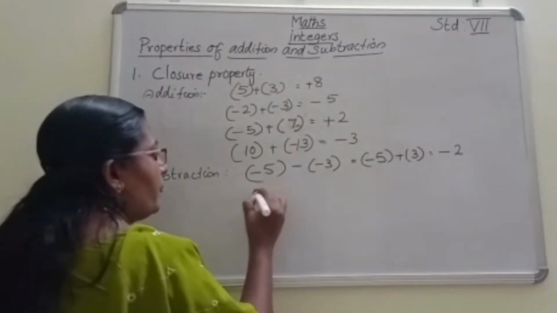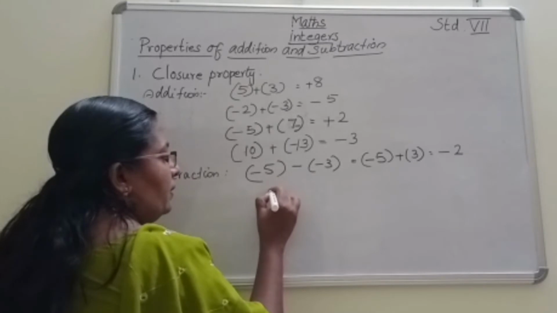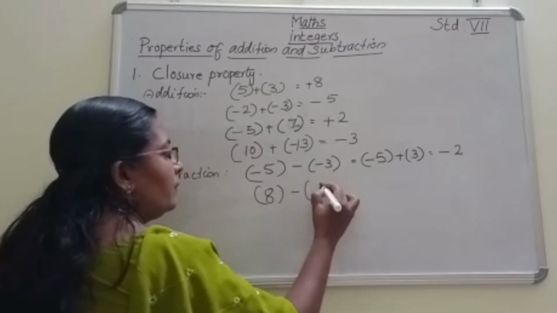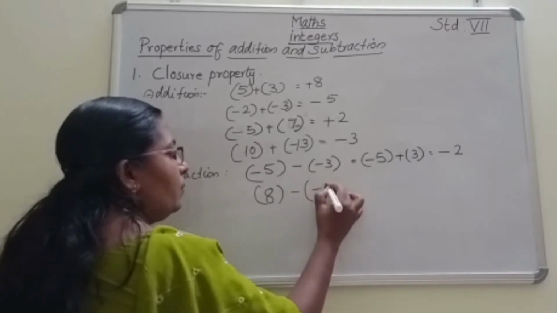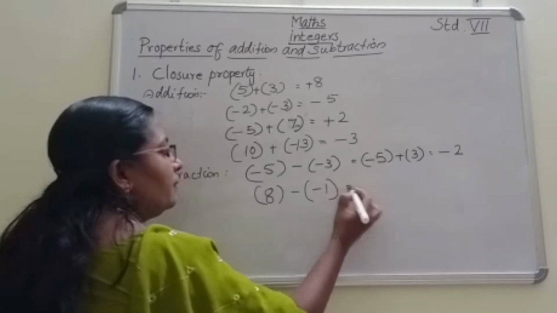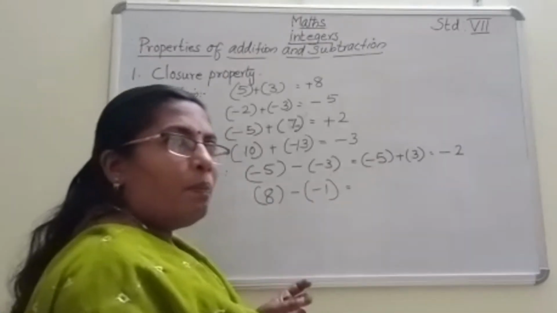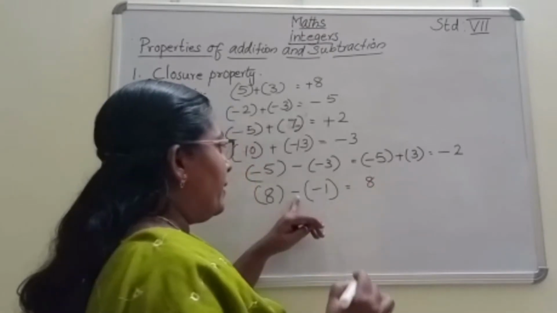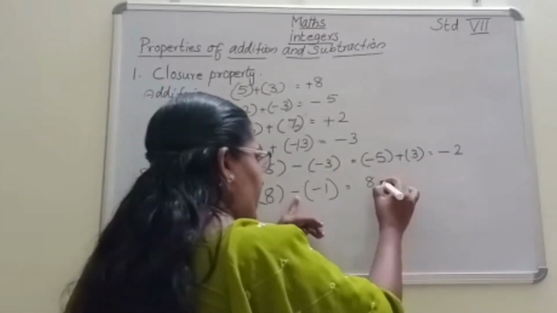Next take 8 minus -1. So 8, this minus becomes plus.